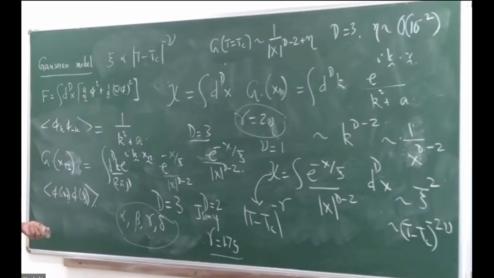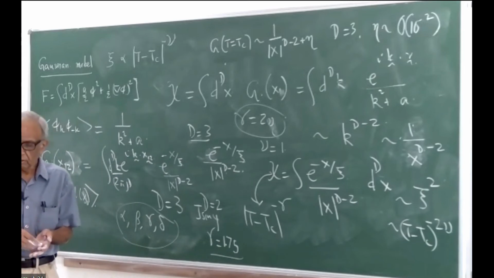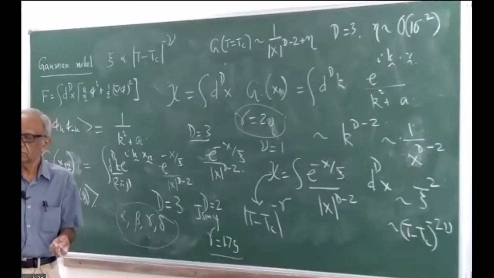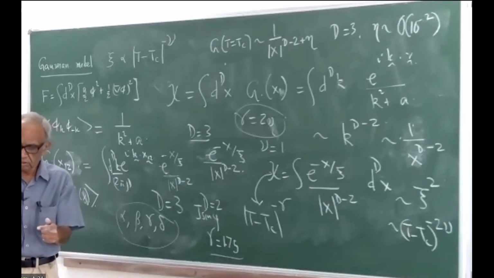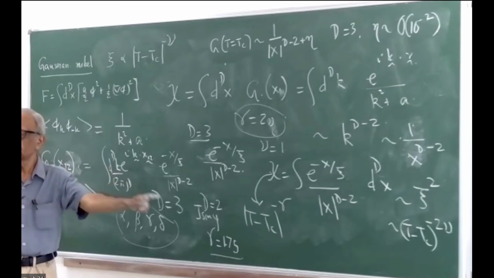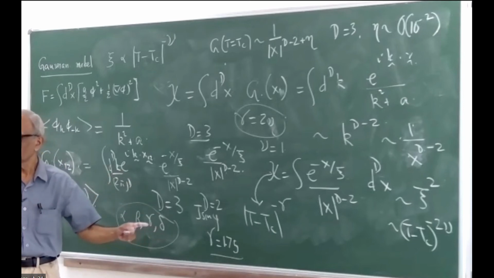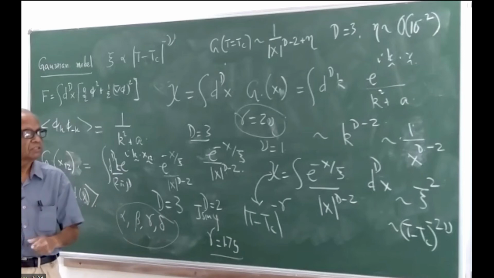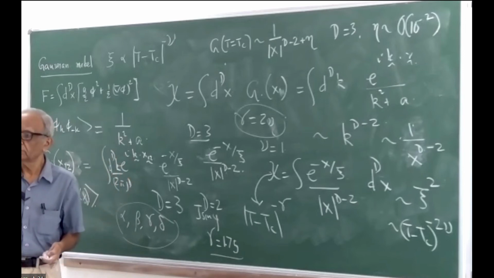So why couldn't you calculate? There were divergences. Divergences in high energy come from the large k region. Divergences in critical phenomena come from the small k region.